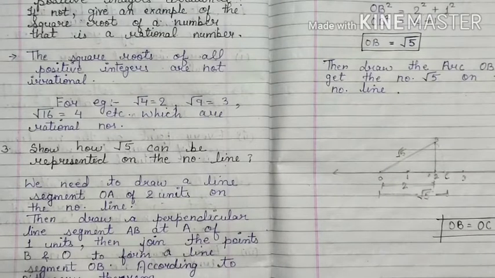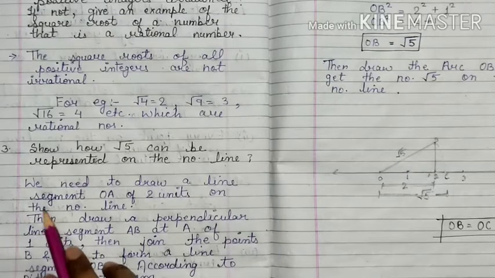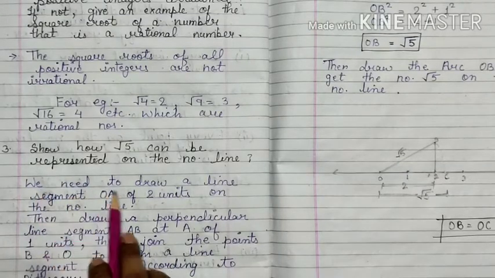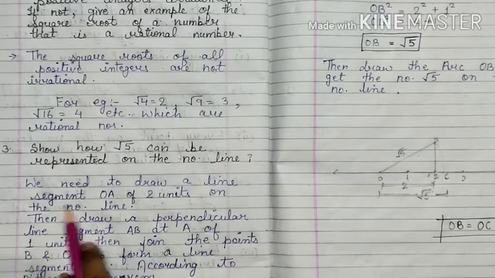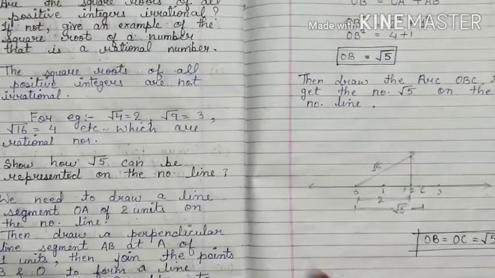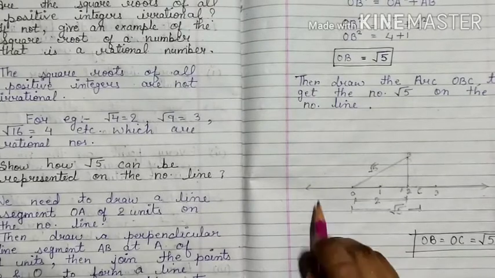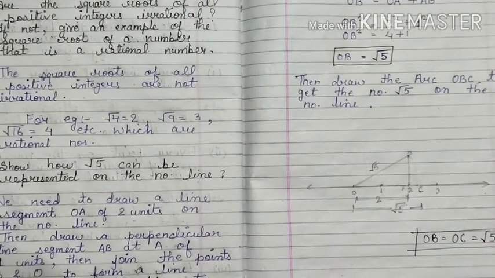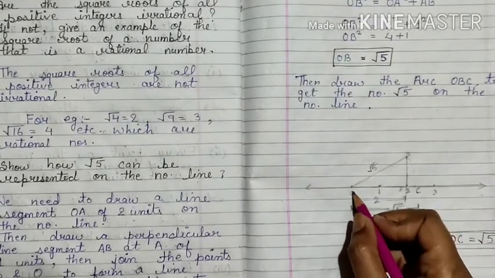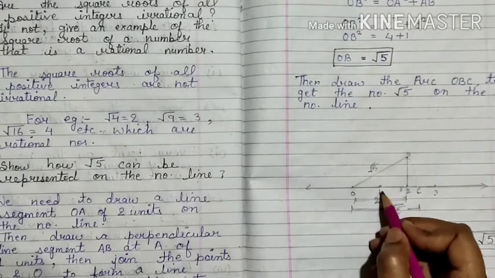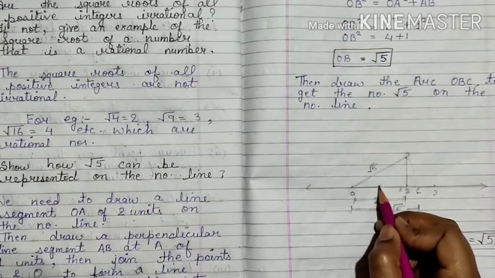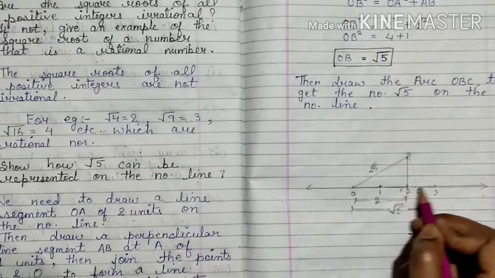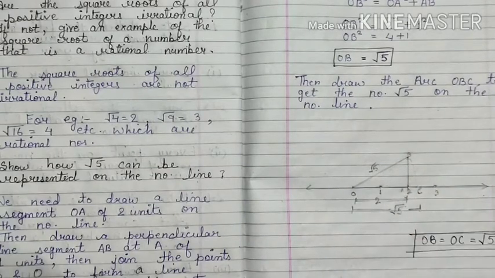First, we need to draw a line segment OA. Here you can see, this is the number line. We put O here, then units 1, 2, 3.